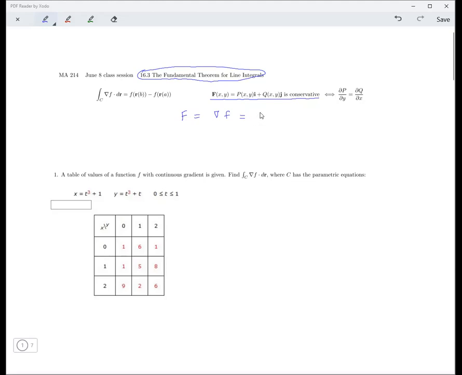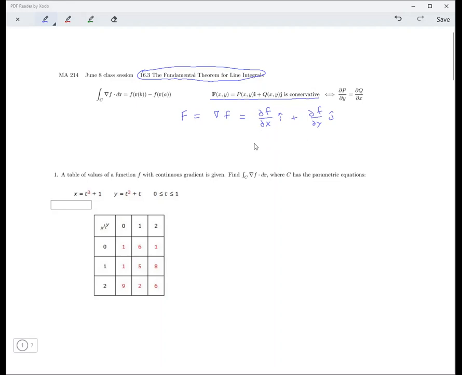means that capital F is the partial of f with respect to x in the i direction plus the partial of f with respect to y in the j direction.